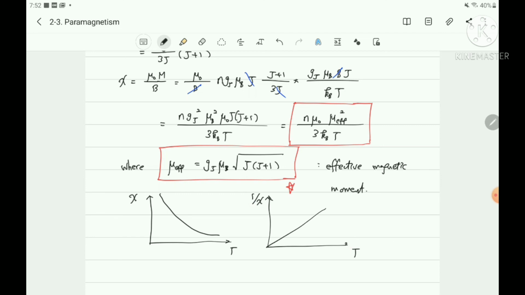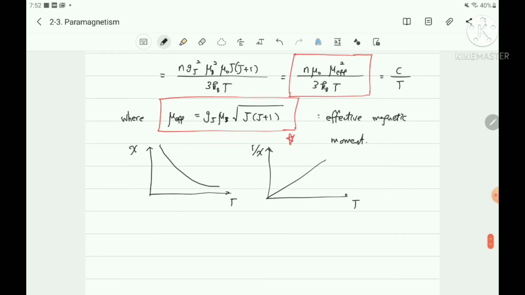From the slope, chi is C over T, we can estimate C, and C is N mu 0 mu effective squared over 3 kB. Therefore, we can estimate the concentration of magnetic moments N, and mu 0 and kB are constants, and therefore from the estimation of C we can determine mu effective.